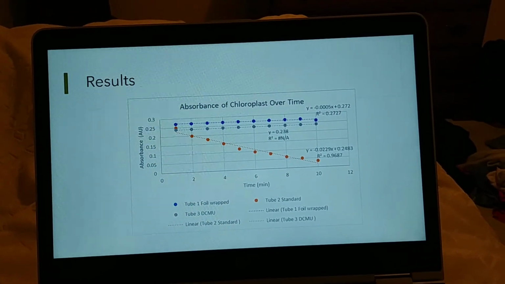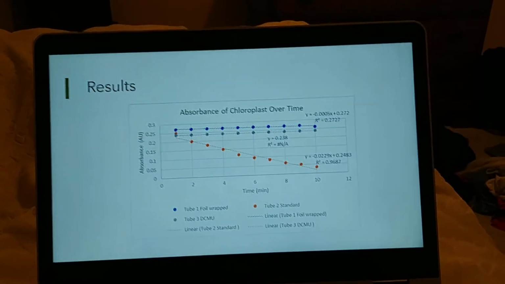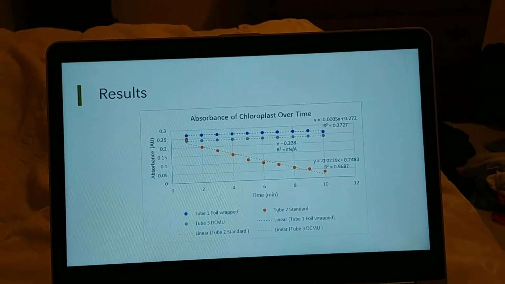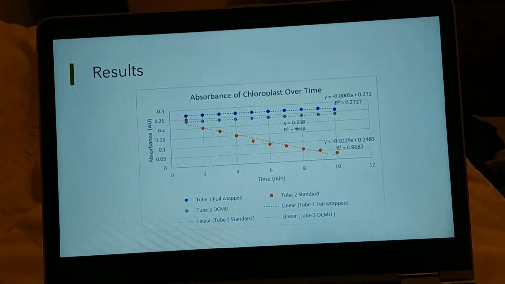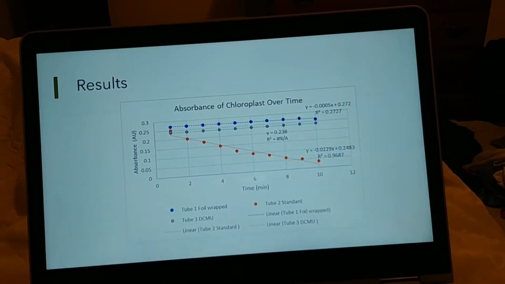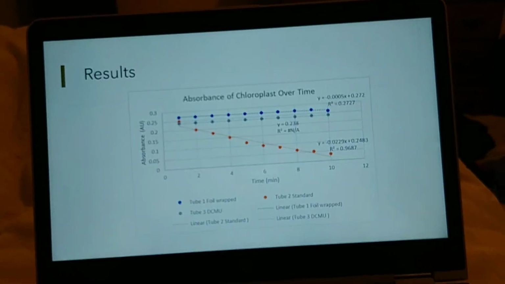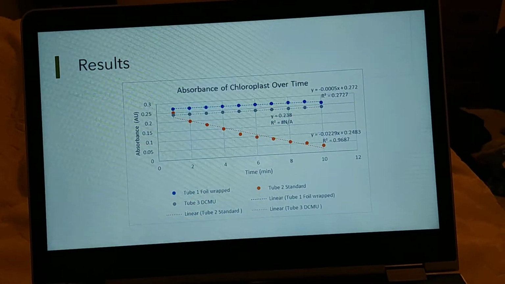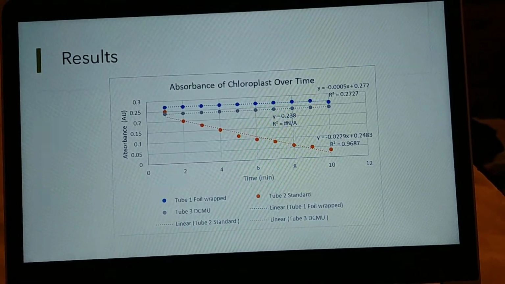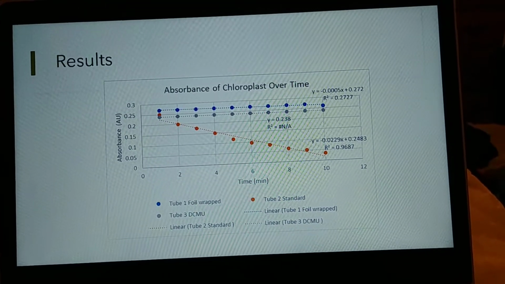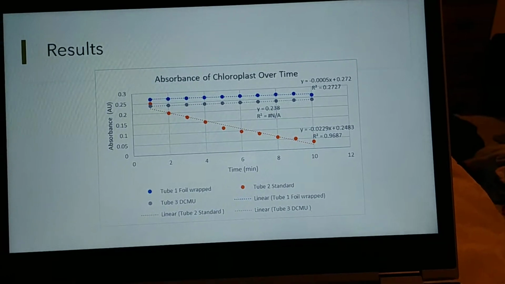The blue line and dots shows the foil wrap tube. The standard in the experiment is shown in the orange reddish dot. And then the gray shows tube 3, the DCMU. And the equations of each line and the R-squared values are also shown.